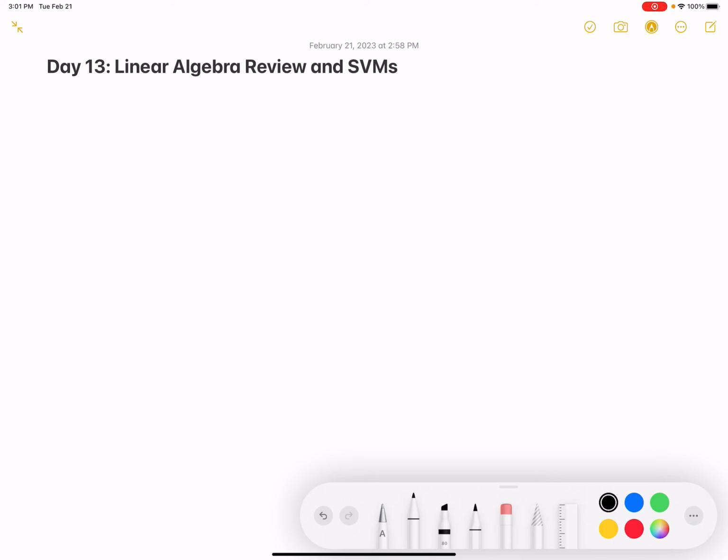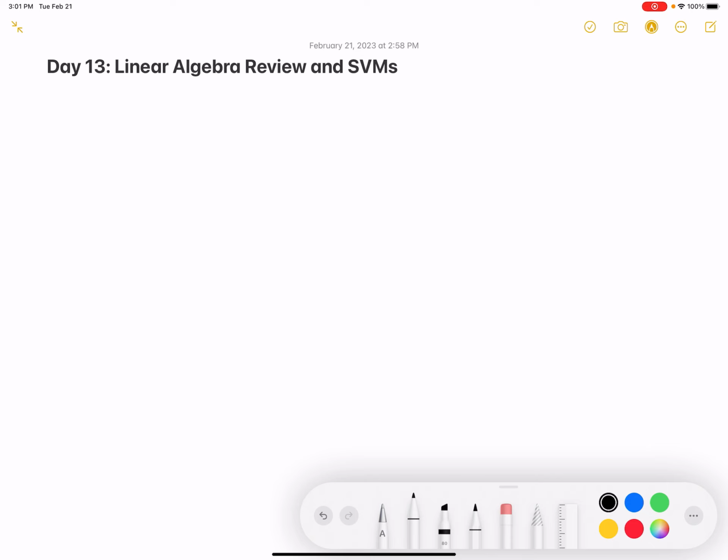So, quick review of linear algebra. Linear algebra is all about doing operations, and specifically algebraic operations, with matrices. And a matrix is simply a grid of numbers.